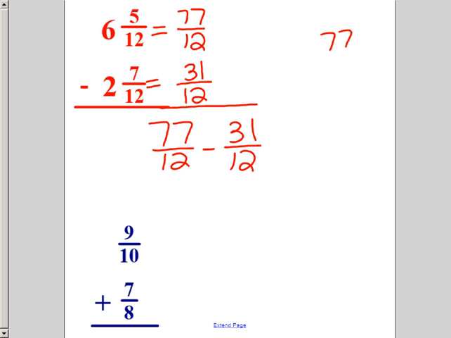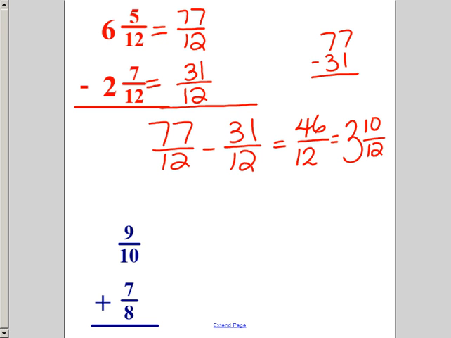Again, if I need to do 77 minus 31 over to the side, that's perfectly fine. 77 minus 31 is 46, so I get 46 twelfths. 12 goes into 46 3 whole times with 10 left over, so 3 and 10 twelfths, which I can simplify to 3 and 5 sixths. So 6 and 5 twelfths minus 2 and 7 twelfths is 3 and 5 sixths.